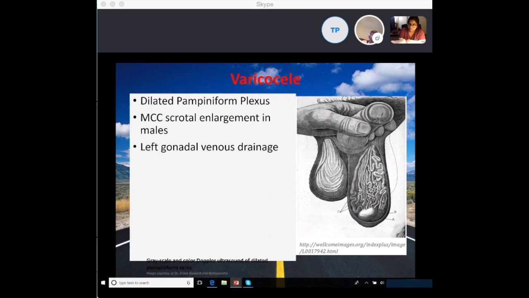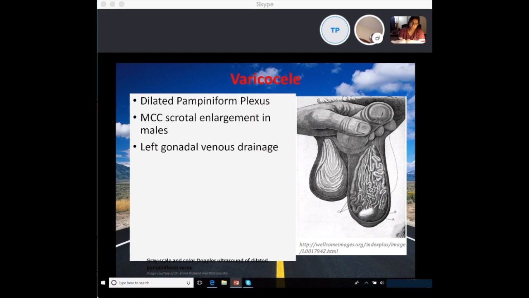Now, why does it occur on the left side if we remember our venous anatomy of the testicles? The left testicular vein drains into the left renal vein, versus the right side goes into the IVC. What other vein on the left side also drains into the renal vein before moving on to the IVC?